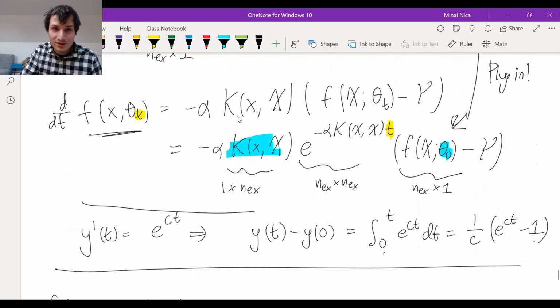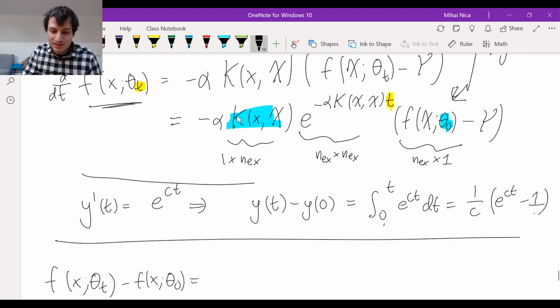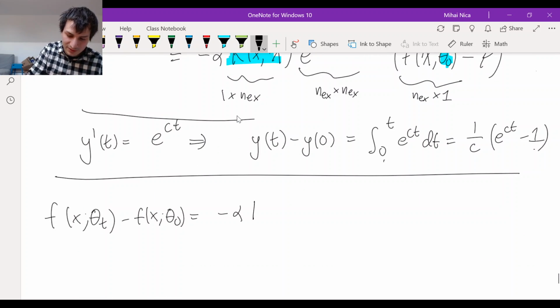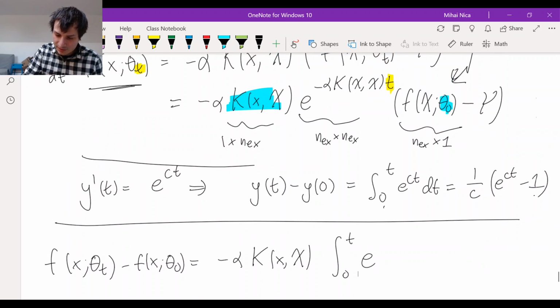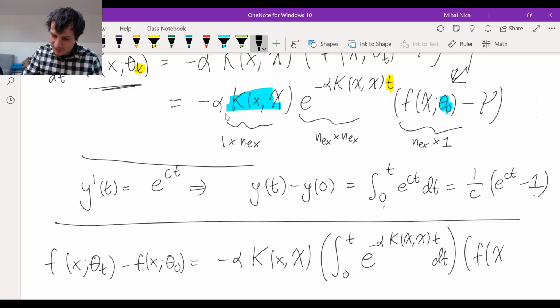Okay, it's an integral. Only the middle bit depends on time. Everything else is constant, so we can pull those out. And minus alpha k of x script x. And we're going to do the integral from 0 to t of e to the minus alpha k of x t dt, then times this constant thing on the end.